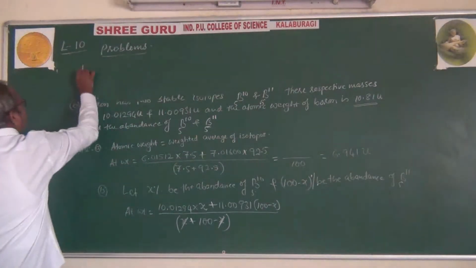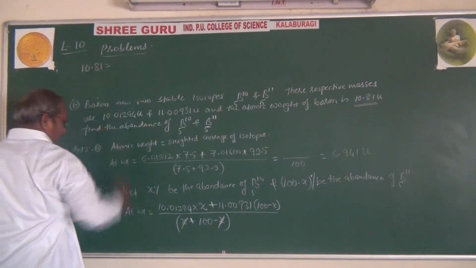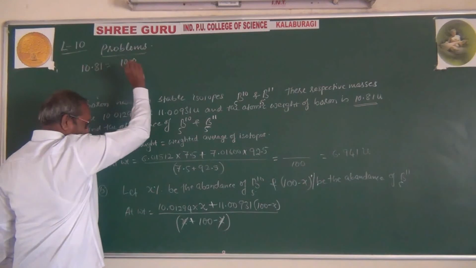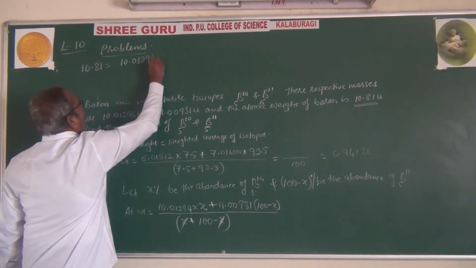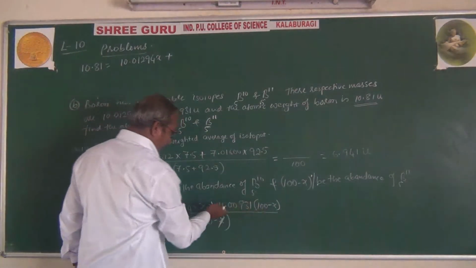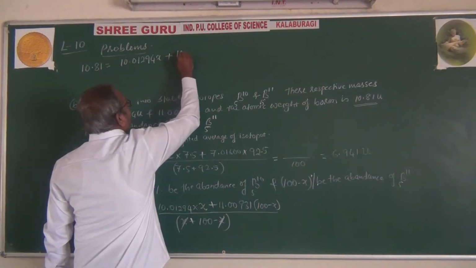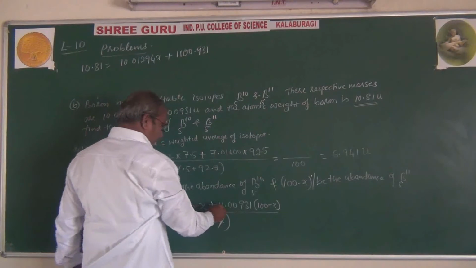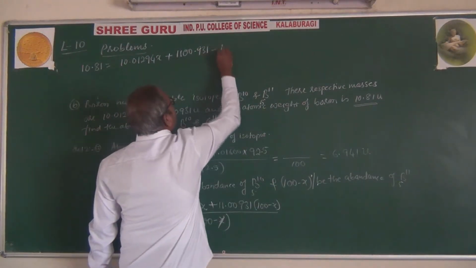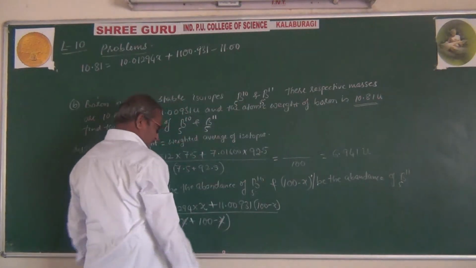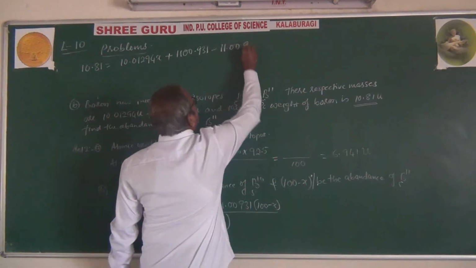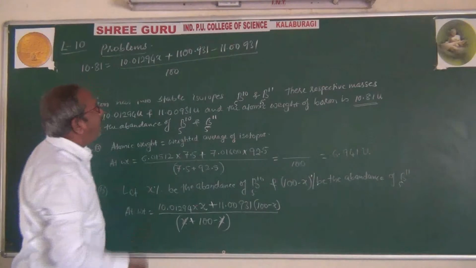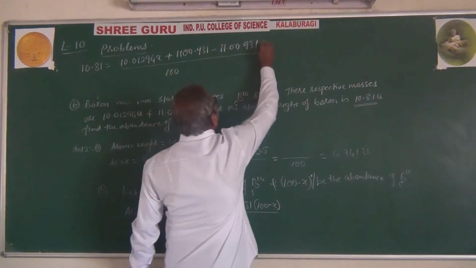So 10.81 equals, we have to multiply and simplify: 10.01294x plus 1100.931 minus 11.00931x, divided by 100.